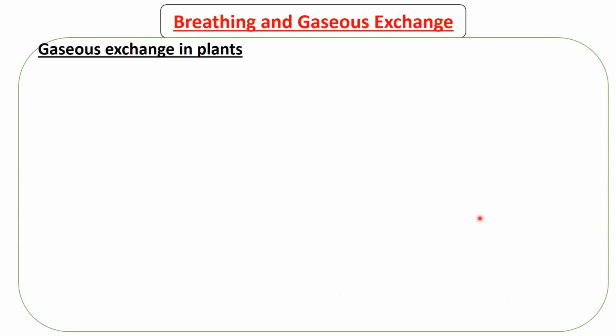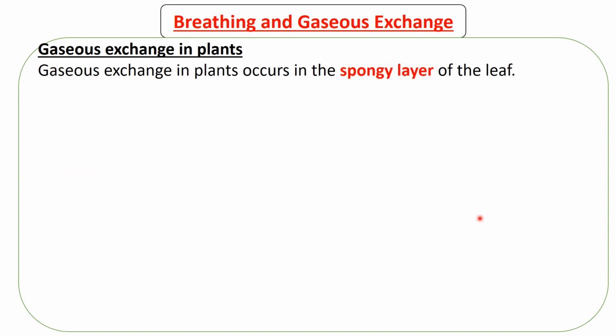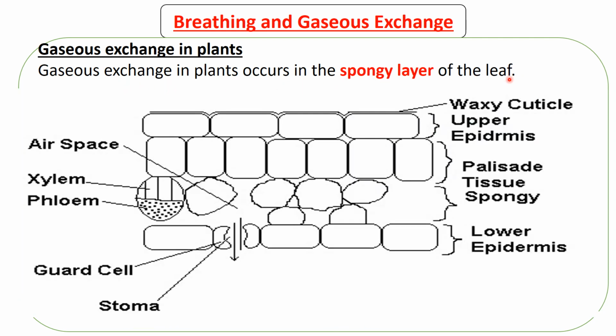Finally, we take a look at gaseous exchange in plants. The gaseous exchange surface in plants is the spongy layer of the leaf. This is the structure of the common leaf that we have been studying, with on top wax, cuticle, upper epidermis, and the likes. Photosynthesis, of course, occurs in the palisade layer, but gaseous exchange occurs here in the spongy layer.